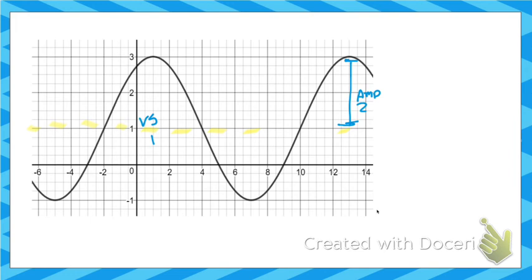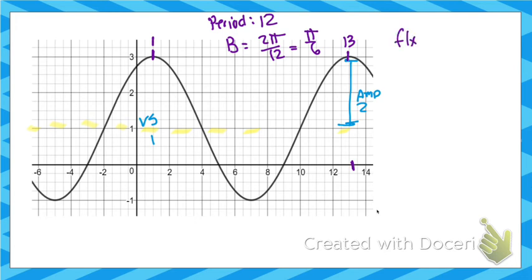It's kind of hard to see, but that point right there is 1. That point right there is 13. So the total distance there is 12. So our period is 12. So our b value is 2 pi divided by 12, which is pi over 6.